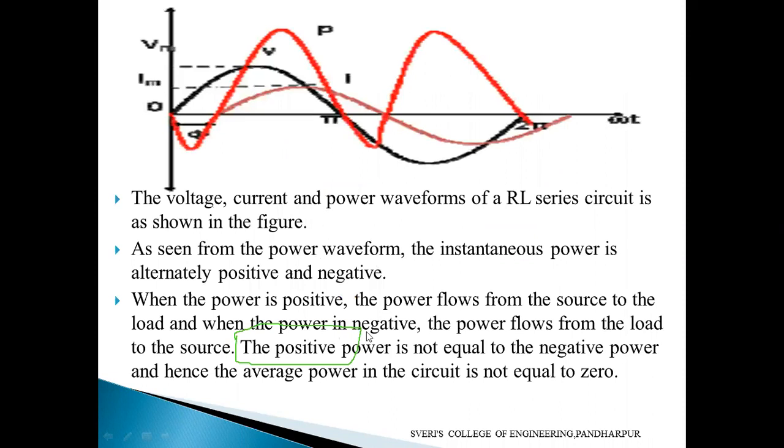Do you have to take this down or not? Take this diagram. Later we will skip RC; at least take RL now, because the same diagram will come for RC also. Take this diagram, otherwise write one sentence: the voltage, current and power waveforms of an RL series circuit are shown in the figure below.